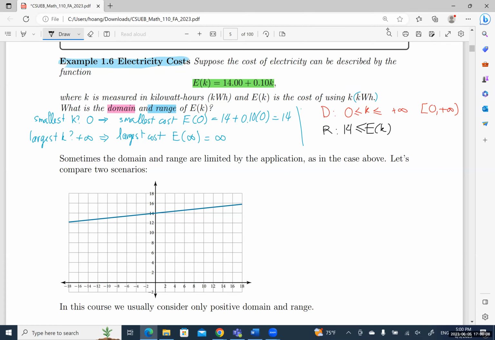That's like a base cost. And you go up to positive infinity. All right. So in the interval notation, you can write it as 14 up to positive infinity.